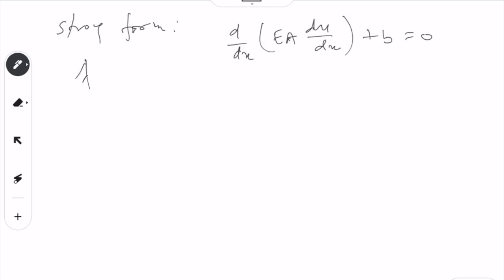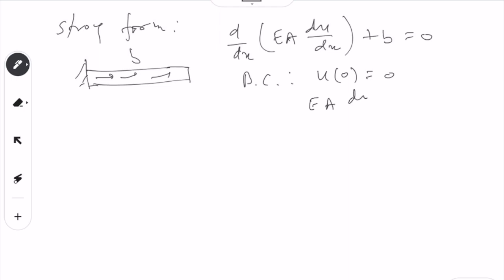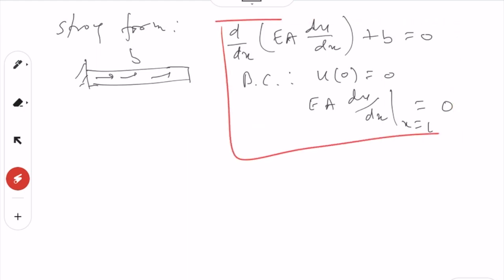You have b going like this, yeah. So, you had boundary condition, u at 0 equal to 0, and Ea du over dx at x equal to L was also 0. Yeah. So, this was the boundary condition you applied. So, this is the strong form.